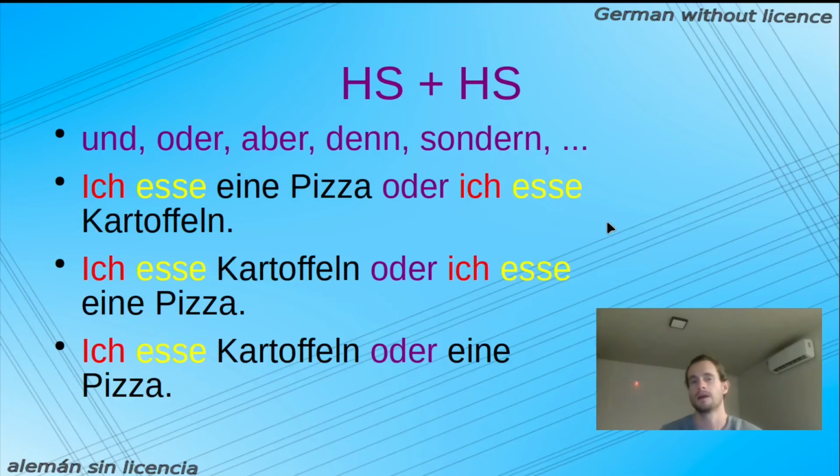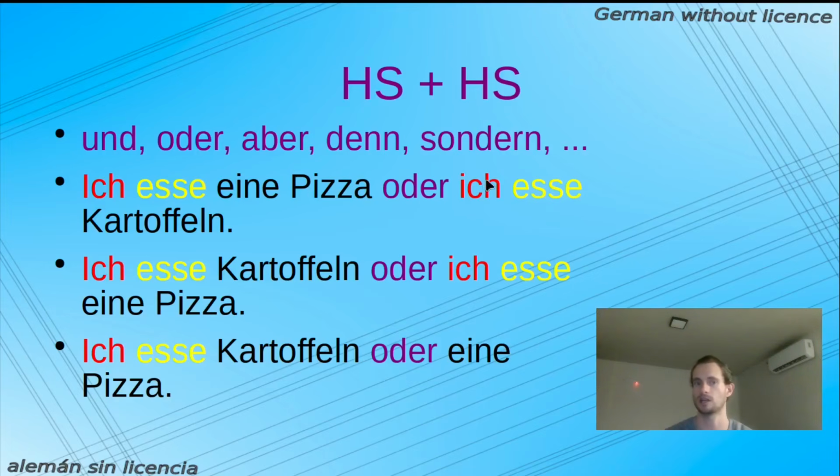Okay? Und, oder have the effect we don't use a comma in front of them, okay? So you use und, oder without a comma. Second characteristic, you can interchange the order. Means you can start with the second main clause in the overall sentence. So you can say, ich esse Kartoffeln oder ich esse eine Pizza. It's the same, doesn't matter, okay?